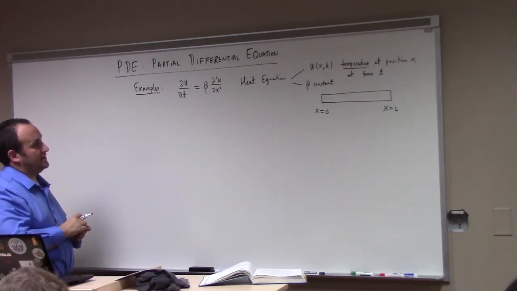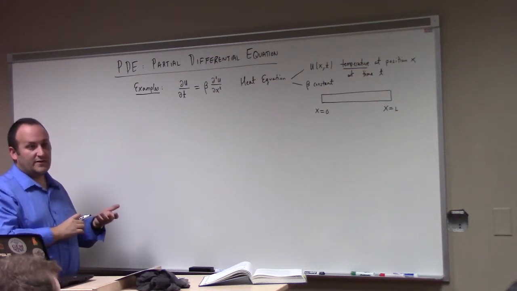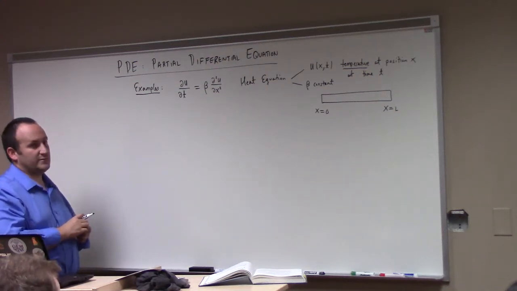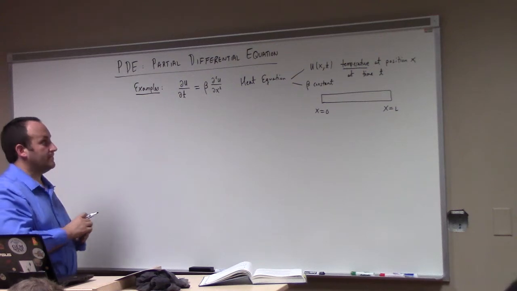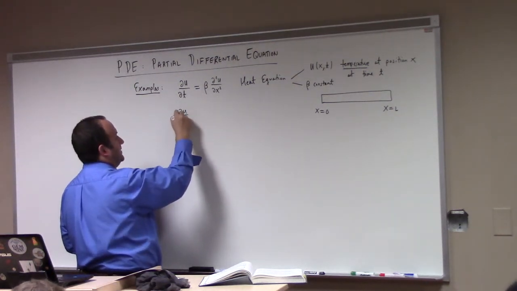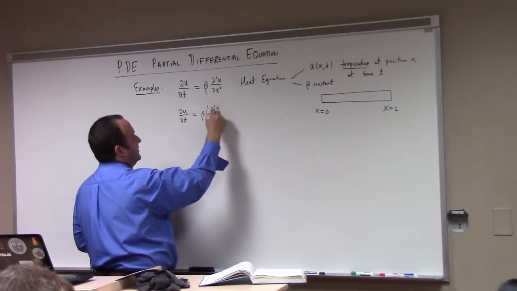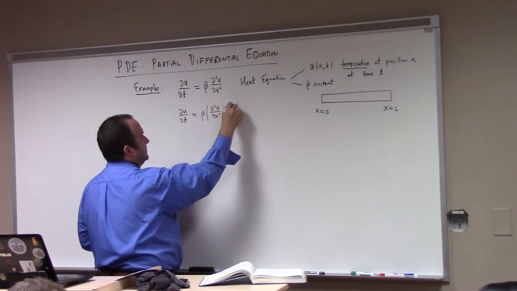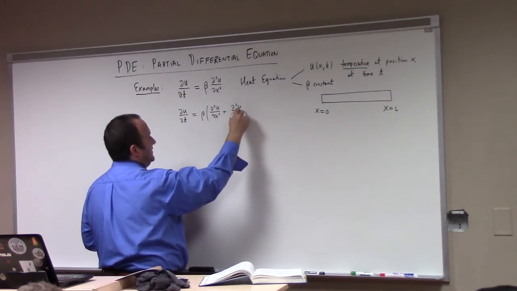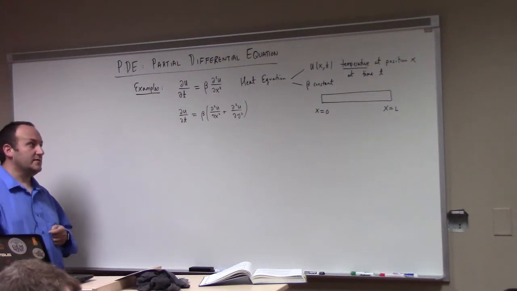And at the moment, that's just the heat equation in one dimension, right? If you wanted to talk about the heat equation in 2 dimensions, what would this look like? Partial u, partial t is beta times partial squared u, partial x squared, plus partial squared u, partial y squared. That would be the heat equation in 2 dimensions, in 2 Cartesian variables.